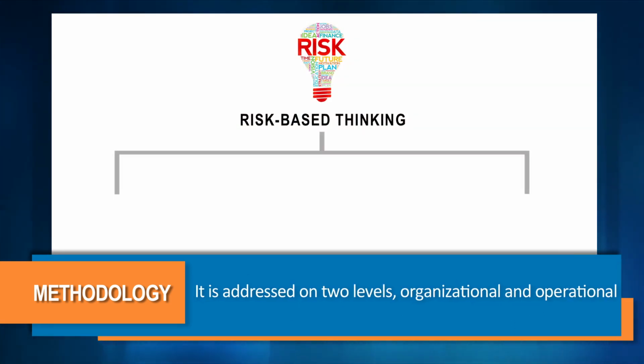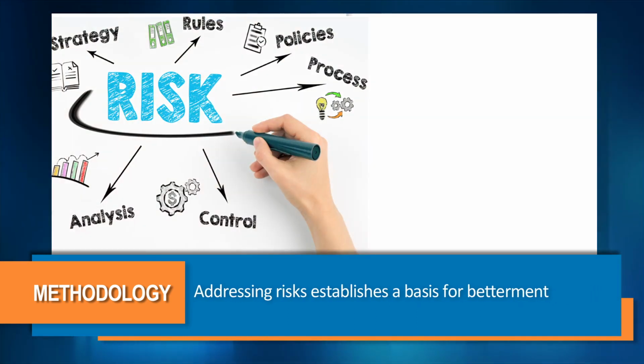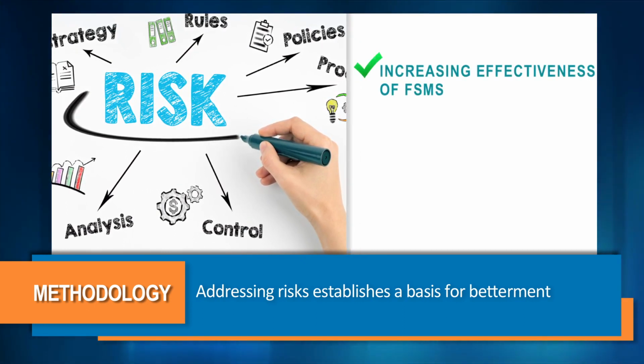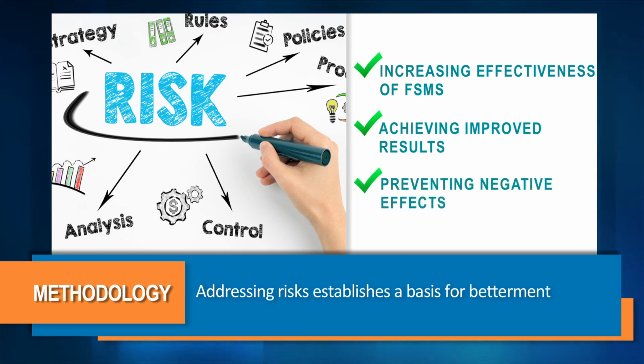It is addressed on two levels: organizational and operational. Addressing risks establishes a basis for increasing the effectiveness of the FSMS, achieving improved results, and preventing negative effects.